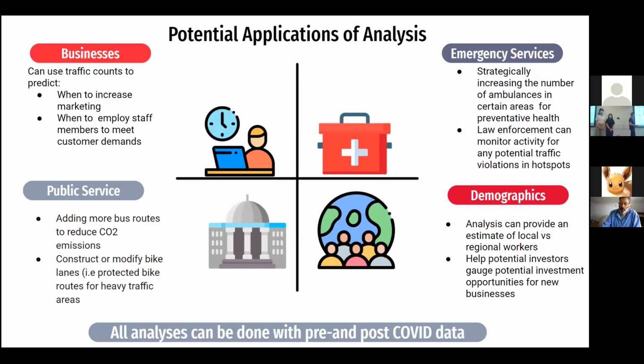So, potential applications of analysis. You can use these four industries as a way to analyze traffic data and apply it to various sectors. It's important to note that all four of them can be related to each other.